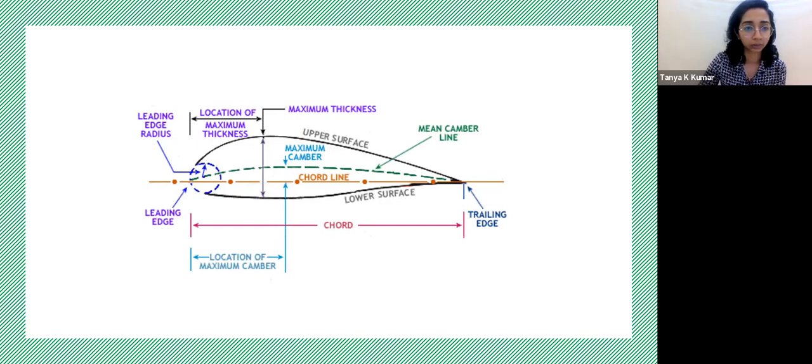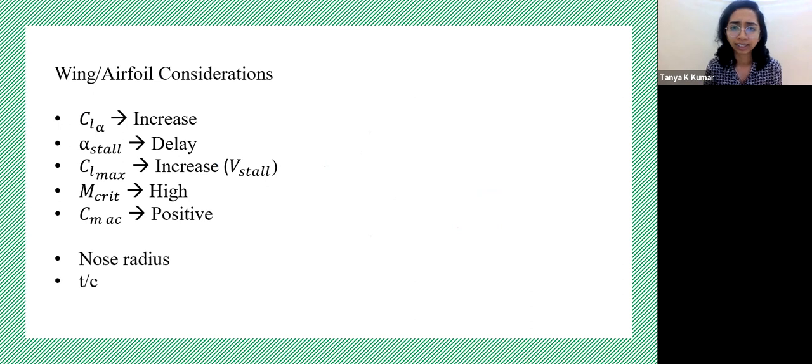Okay, so this is a slide from previous session as well, so we'll just go over it. What are the points of an airfoil that help us to design or choose the airfoil for our required mission? So the aerodynamic characteristics are CL alpha, alpha stall, CL max, critical Mach number, CMAC, that is the pitching moment about the aerodynamic center of the airfoil.